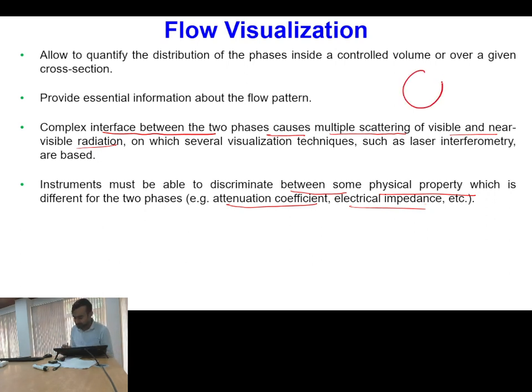Say this is my pipe cross section, and this is some grid structure I have constructed. At all these points I should know simultaneously the values of phase distribution function. If I know them at the same time for all the points, then I can employ some algorithms to reconstruct the profile. That is the whole idea.